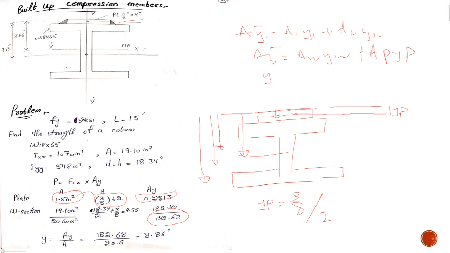So y dash would be equal to (AwYw plus ApYp, area of plate times y of plate) divided by A. So it has been done here.